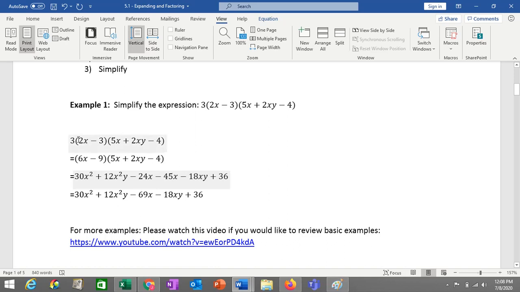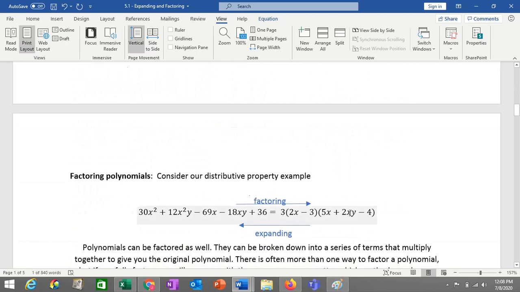We know that when you expand this, you get that. So factoring is just the reverse of expansion, if you like. It's going from this to that. Okay, so when you expand, you multiply everything together and get your large number. When you factor, you break up your large number into things multiplied together.